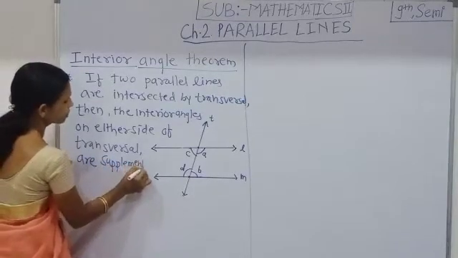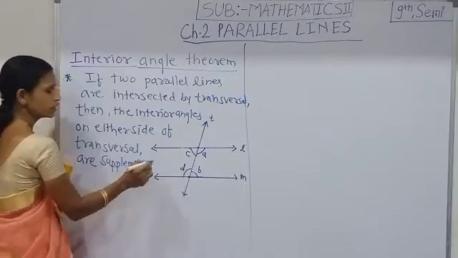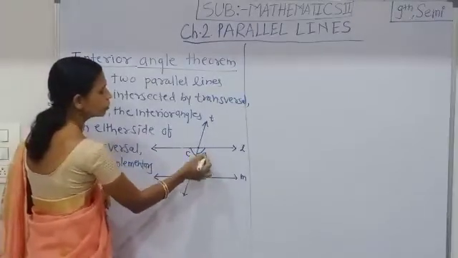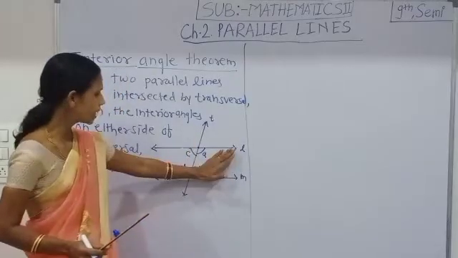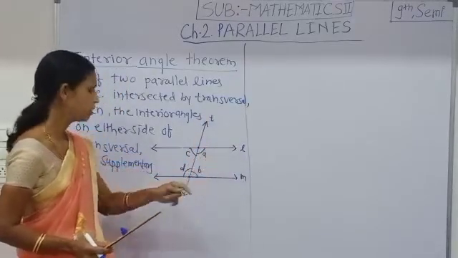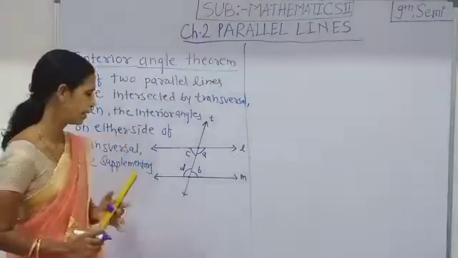Supplementary means the sum of those two interior angles on one side of the transversal is 180 degrees.